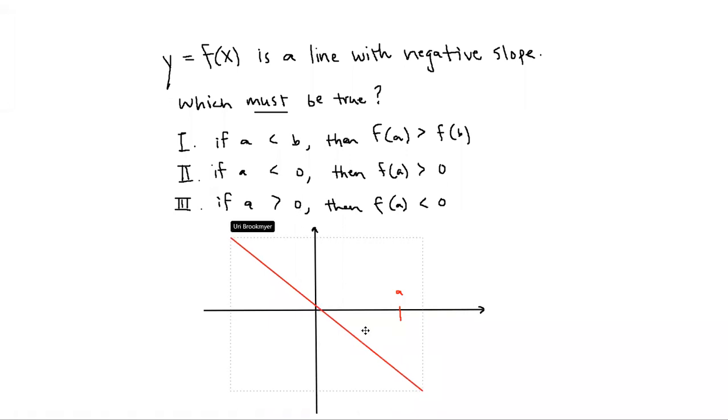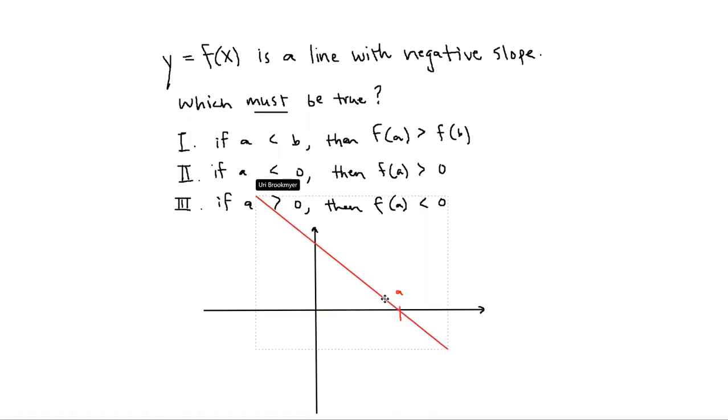What if the line has a negative slope, but passes through a positive y-intercept? In this case, a is greater than 0, but f of a is not less than 0. So option 3 must be false. This leaves us with option 1 as the answer, since we were able to find counterexamples to the claims proposed in options 2 and 3.